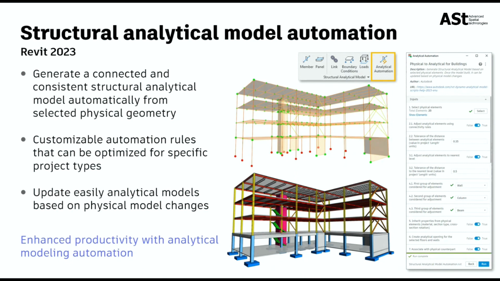You can designate a first, second, and third priority element hierarchy. This can be useful, for example, when prioritizing column locations over beam locations. First priority elements are the master elements, meaning that the second and third priority elements will snap to them. Likewise, the third priority elements will snap to the first and the second priority elements.